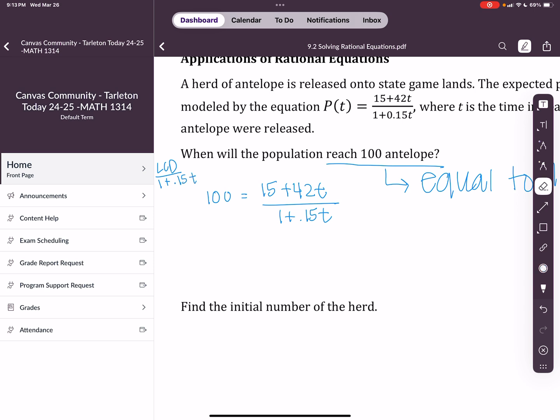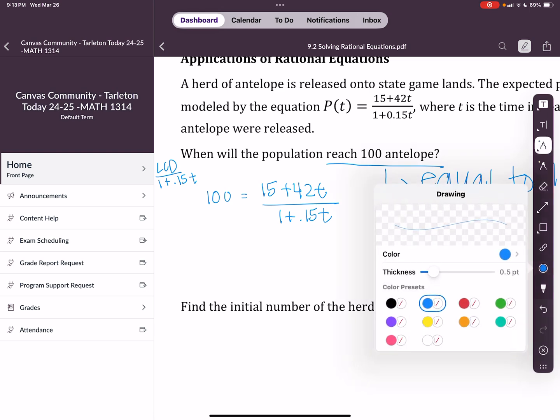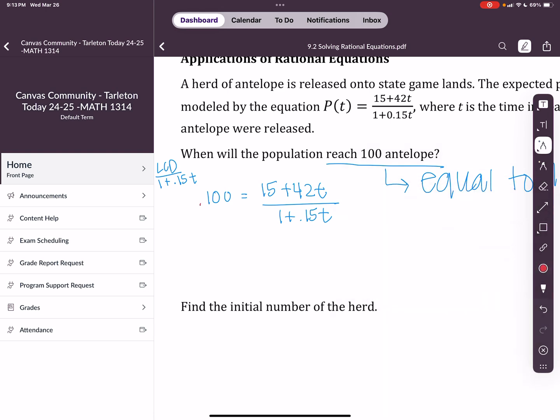Well, just as we did on one of the previous problems when there was a whole number, since we're trying to make the 100 have a denominator of 1 plus 0.15t, I'm going to multiply. I'm going to use a different color so you can see what I'm doing here. I'm going to multiply the top and the bottom by 1 plus 0.15t.